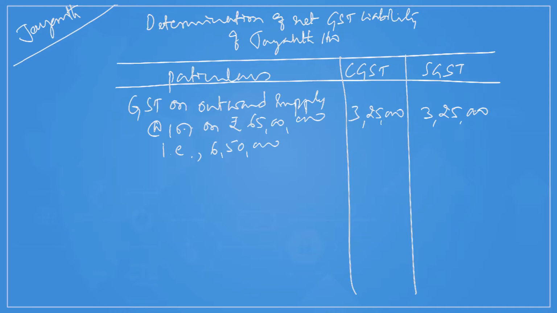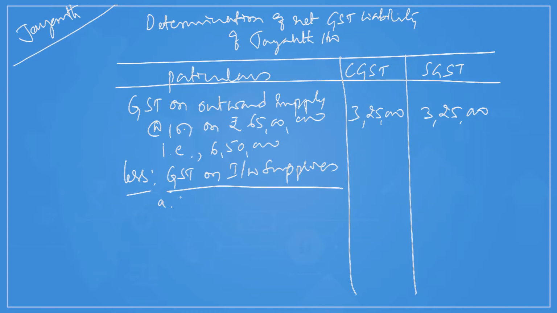From this outward tax we have to deduct GST paid on inward supplies. There are three inward supplies.